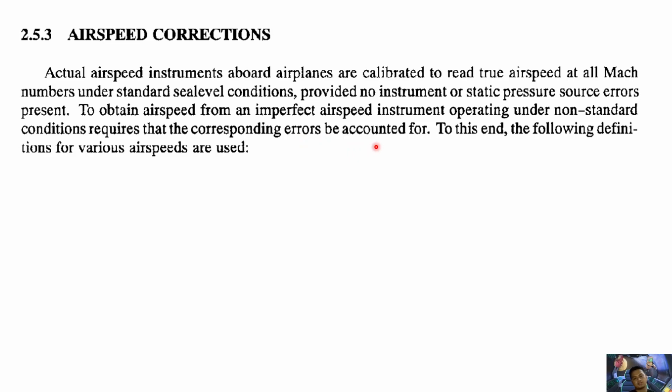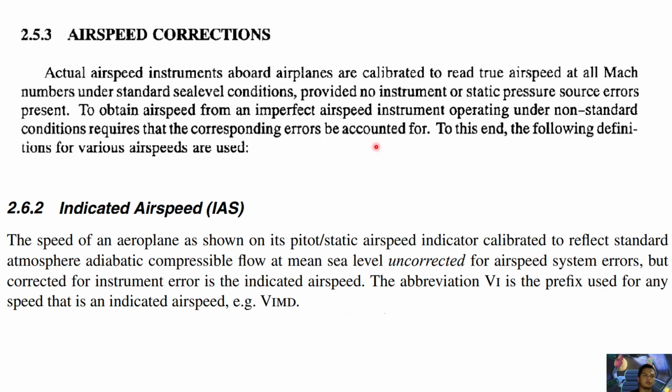So, ang una nga is the indicated airspeed. It is airspeed uncorrected for position error. However, corrected doon sa instrument error. Okay, una is the indicated airspeed uncorrected for position error and corrected siya sa instrument error. Okay, so indicated airspeed IAS.